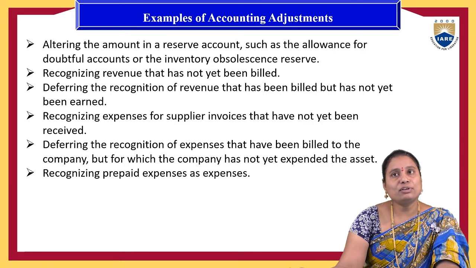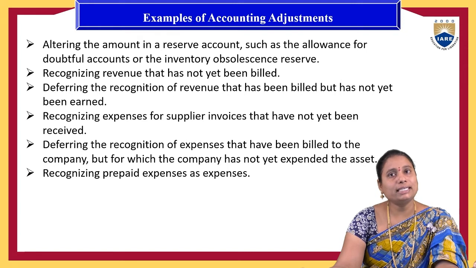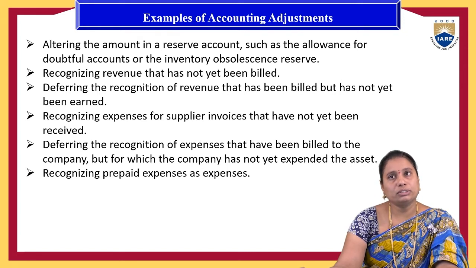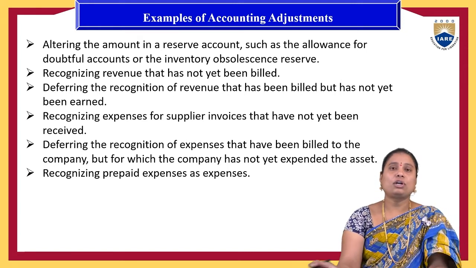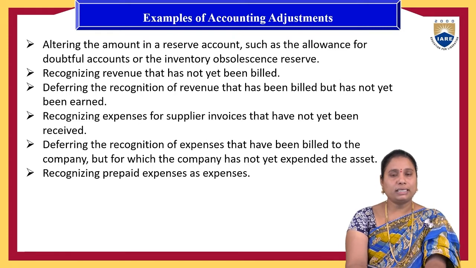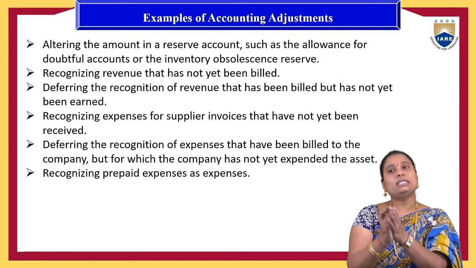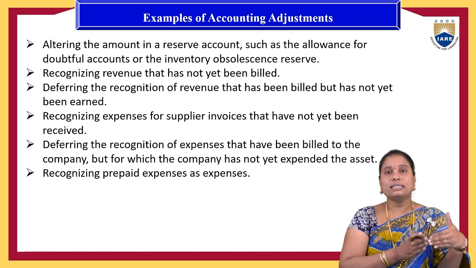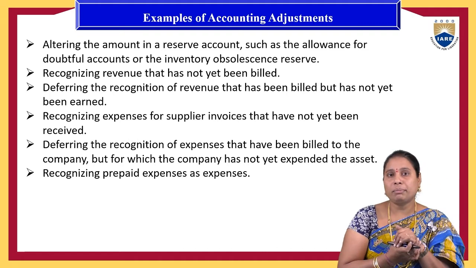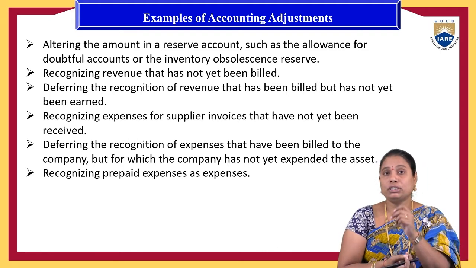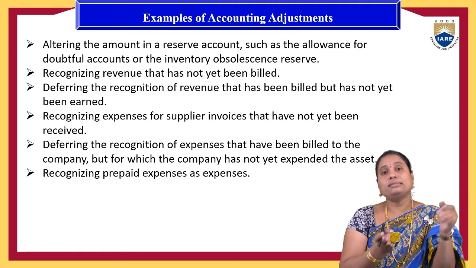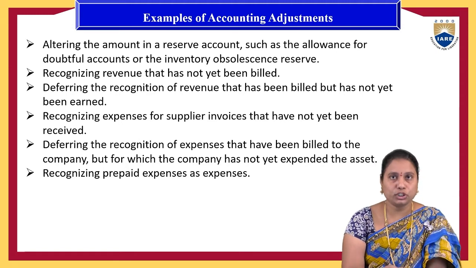Some examples of accounting adjustments are altering the amount in a reserve account, such as the allowance for doubtful accounts or inventory obsolescence reserves. For future expectations, if they want to maintain reserves, they will prepare them out of their profits, after preparing the balance sheet. So those allowances can be treated as adjustments.